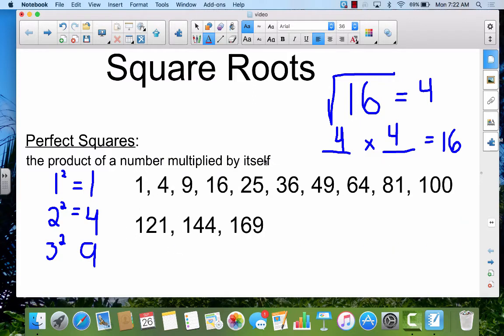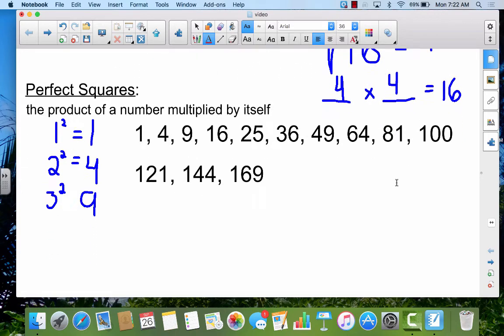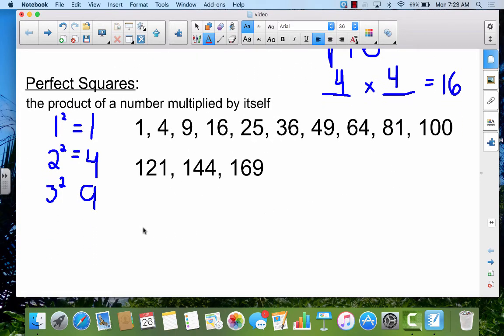And again, these are all what we call perfect squares, because when I take their square root, I get a whole number answer.